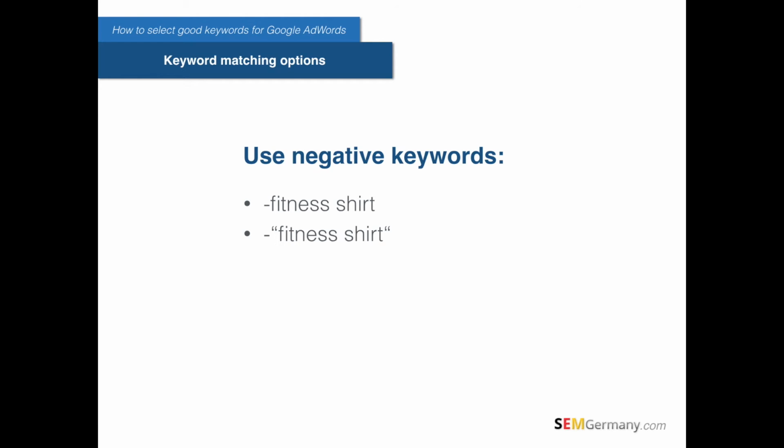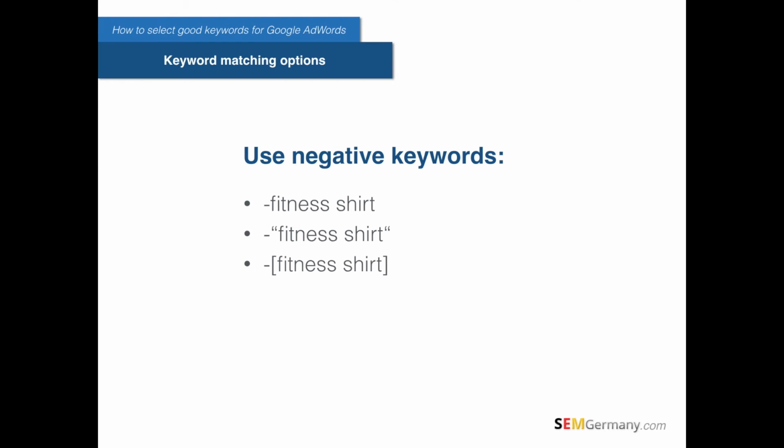Adding a minus fitness shirt in quotation marks, then your ad won't show only if both words appear in the same order. Pay attention when you use this one. Even if one or both words are part of the search term, it could still trigger your ad. Only if the two words are being used both and in that order, your ad won't show.